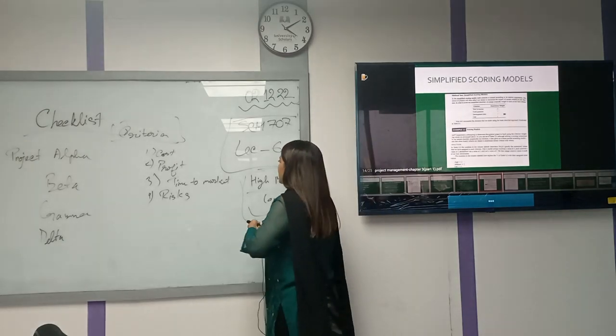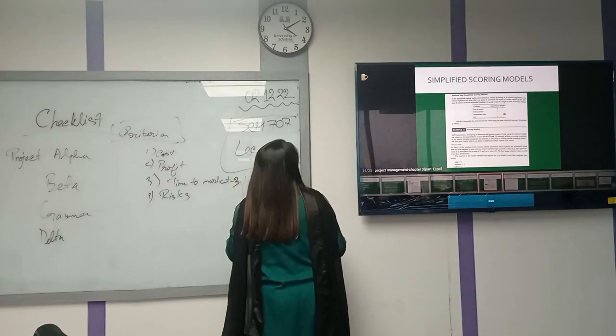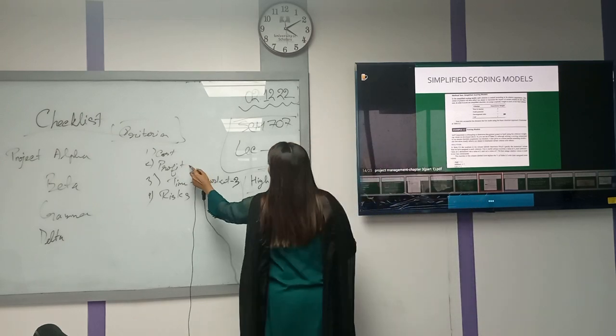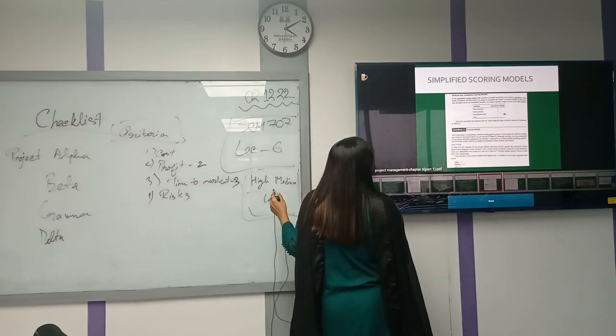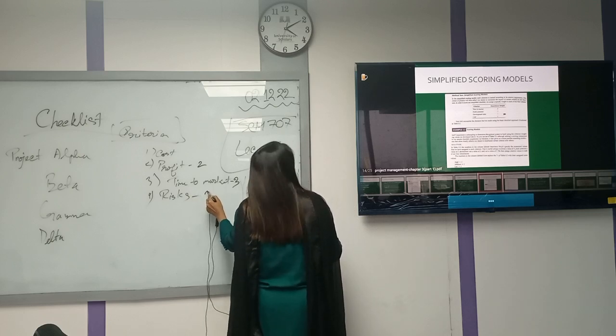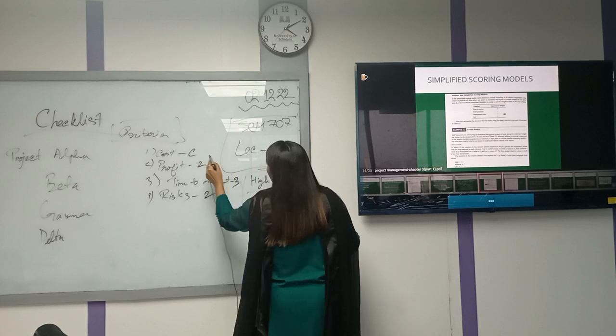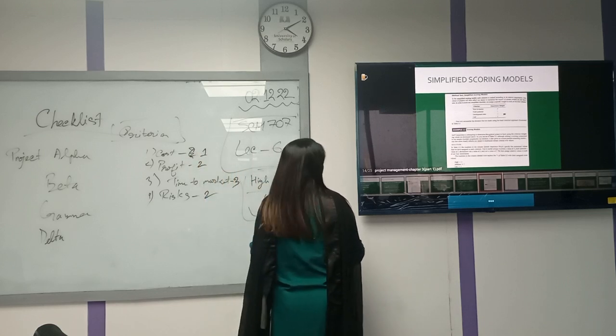So ওদের কাছে this is important, time to market is 3, profit comes with 2, development risk also has 2, and cost is the least important for them, which is 1.